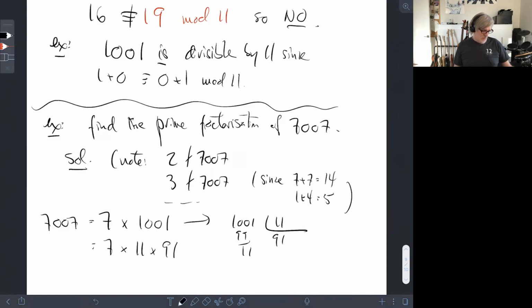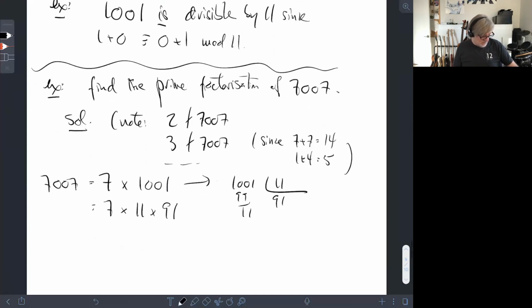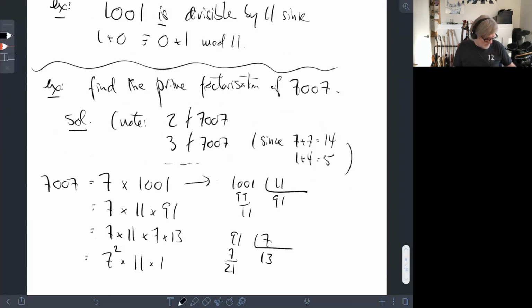And 91, you have to check separately, right? It's divisible by 7. Again, for 7 there's no cool trick. 7 times 13. So this is 7 times 11 times 7 times 13. So the prime factorization, if you write it in increasing order, is this. Bingo.